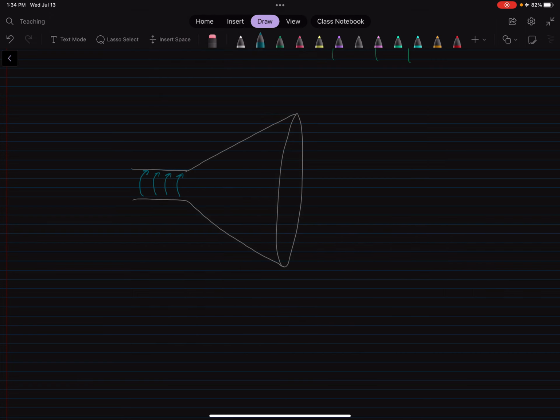And you have a magnetic field, which is the north part is this center piece that the wire is wrapped around.